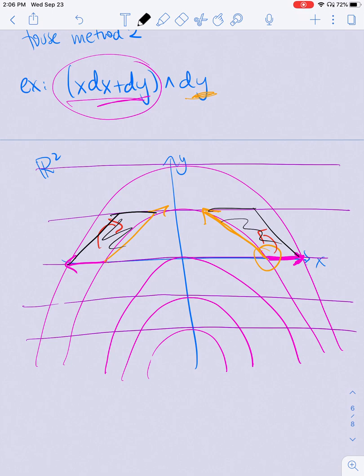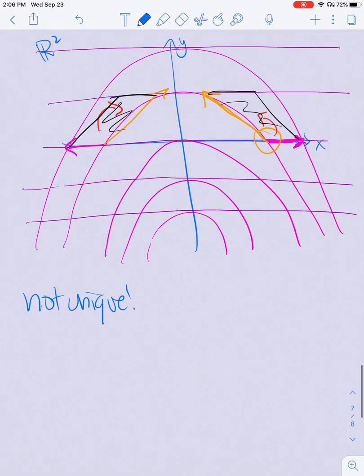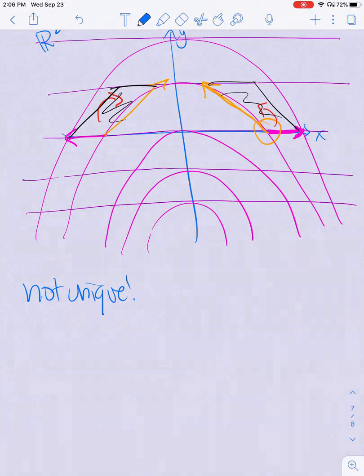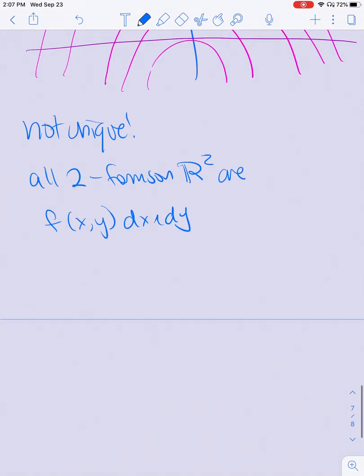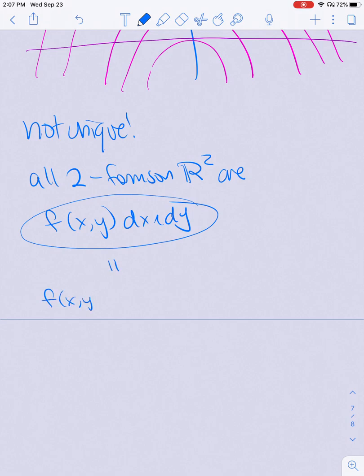Oh, one more thing. This is not unique, right? All two forms on R2 are of the form f of xy dx wedge dy. And I can write this as a wedge product of two one forms in a bunch of different ways. I can write this as f of xy dx wedge dy.